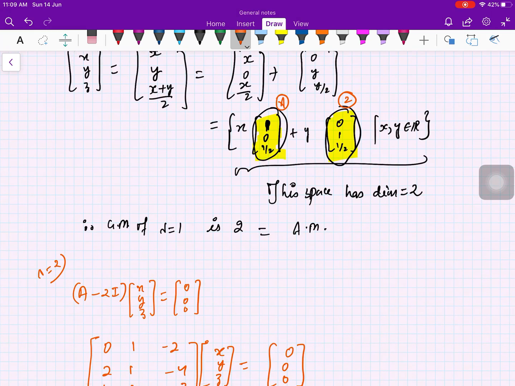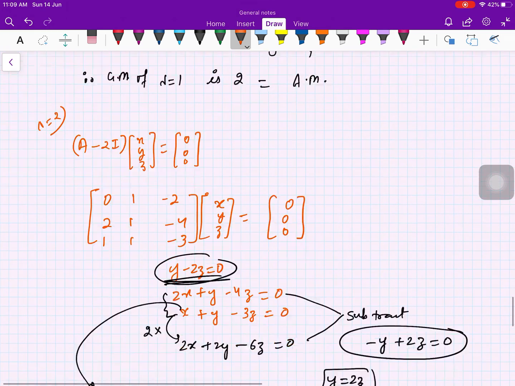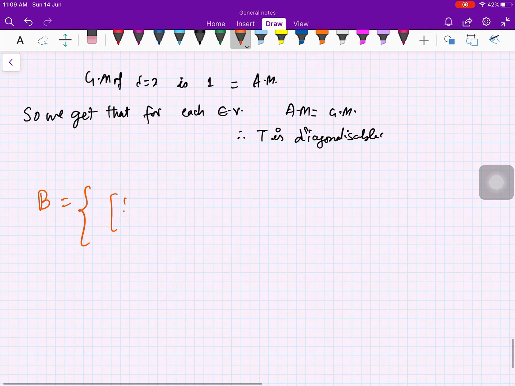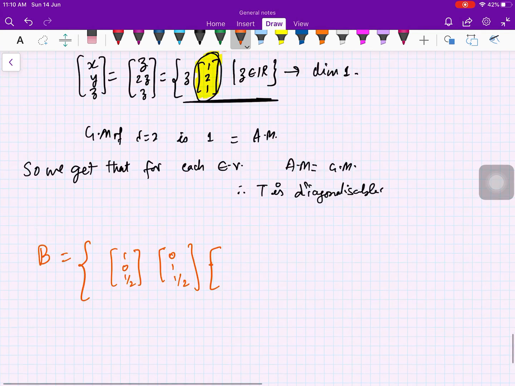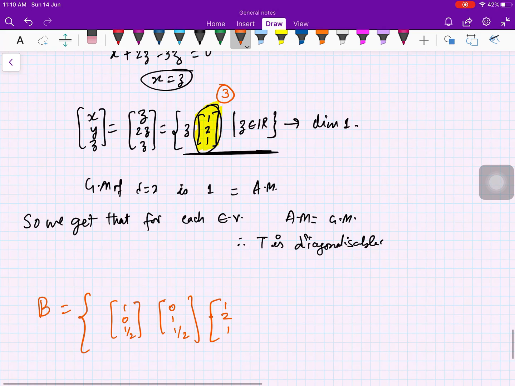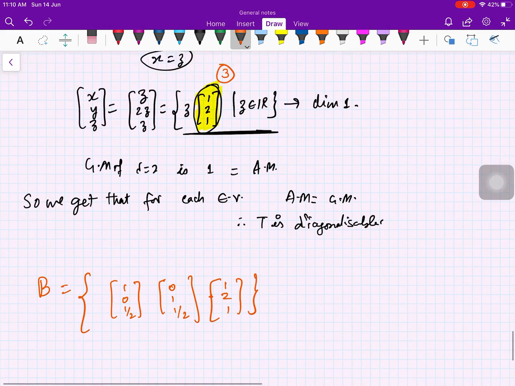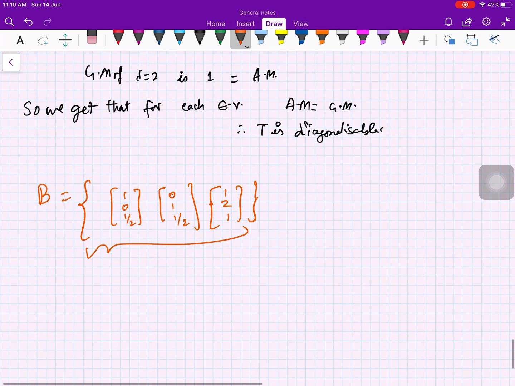So you make a basis beta where your first element will be (1, 0, half), second will be (0, 1, half), and then the third element is (1, 2, 1). So this is the required basis with respect to which T beta beta is diagonal.